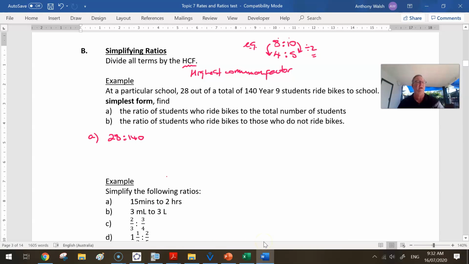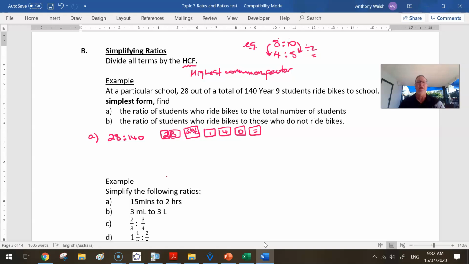Like in this case, if you had 28 as to 140 and you wanted to put it in its simplest form, all you do is go to your calculator and type in 28, which means hitting 2 and 8, and then hitting the ABC button, and then putting in 140. So again, 140 means you have to put in the digits 1, 4 and 0, and then press the equal sign.